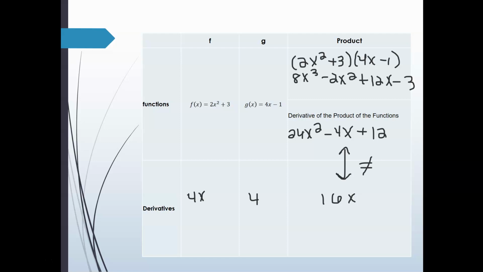So that leads us to the product rule. You cannot take the derivative of two functions and multiply their derivatives together. If you wanted to know what the derivative of f times g was, you have to multiply the originals and then find your derivative, or you can use the product rule.